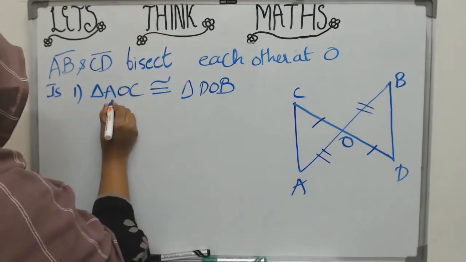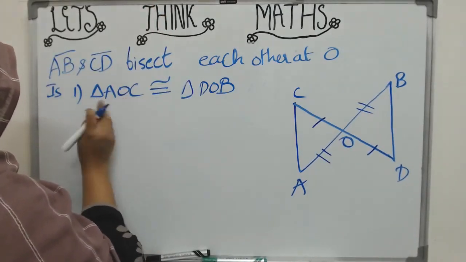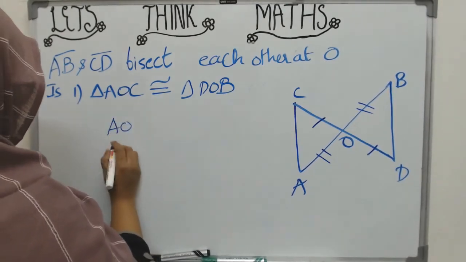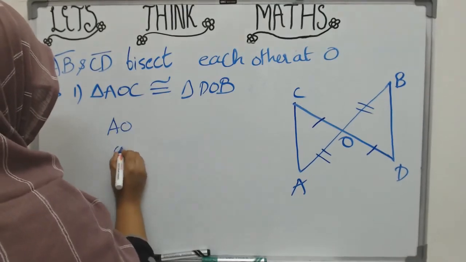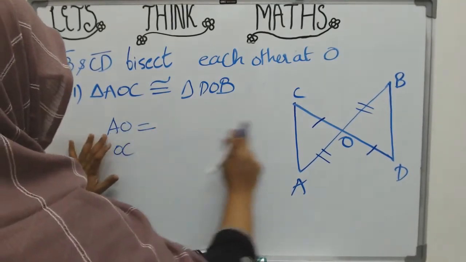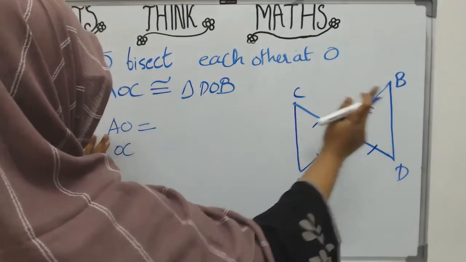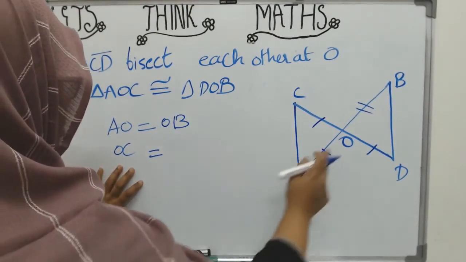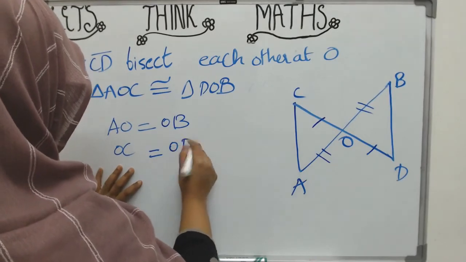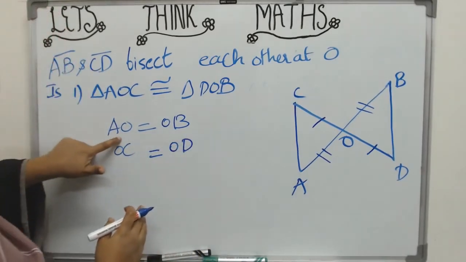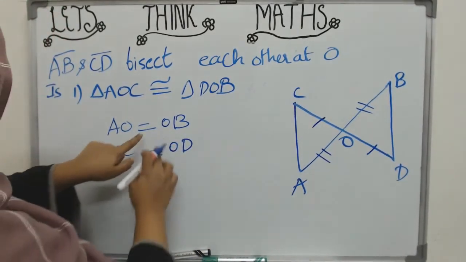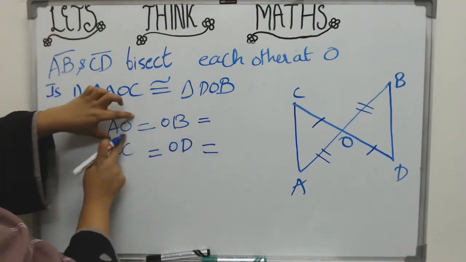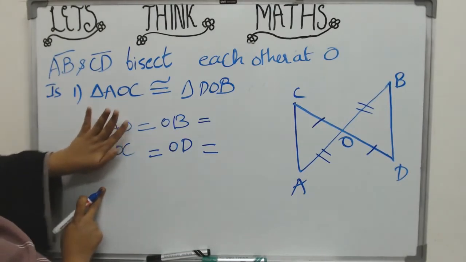We know how to do it. We have to stick to the order, right? So write AO and then OC, right? What is AO equal to? It is equal to OB. What is OC equal to? It is equal to OD. But write it in a proper form. Here you see AO, OC. So write this also in the same way, that the ending and the starting is the same letter.